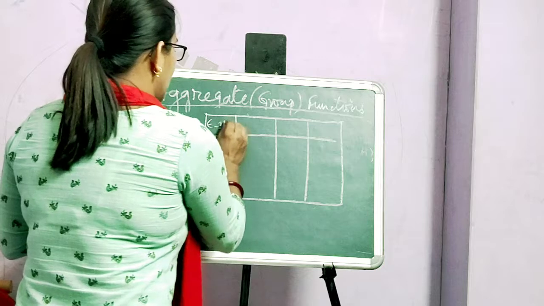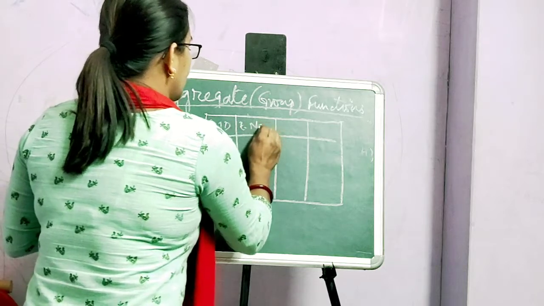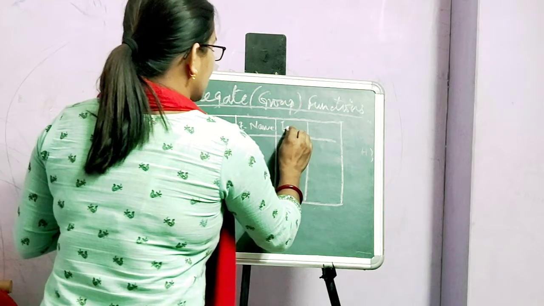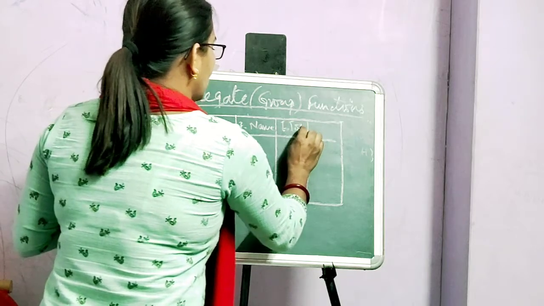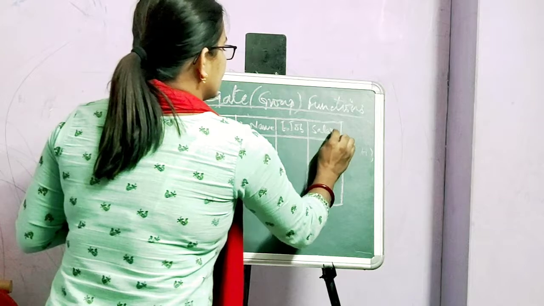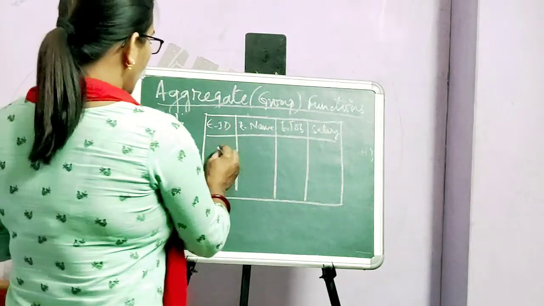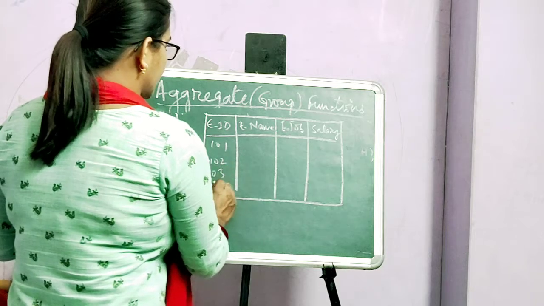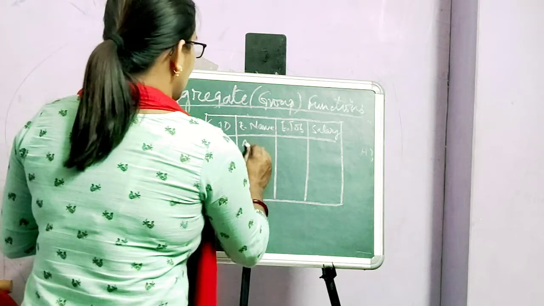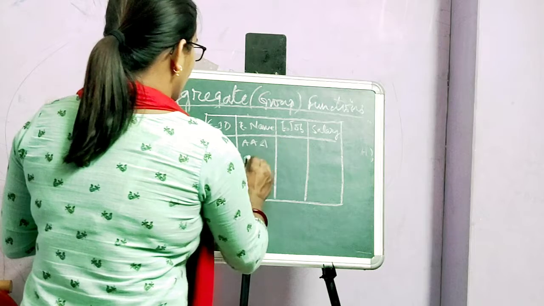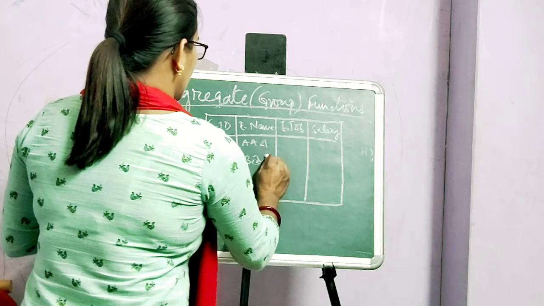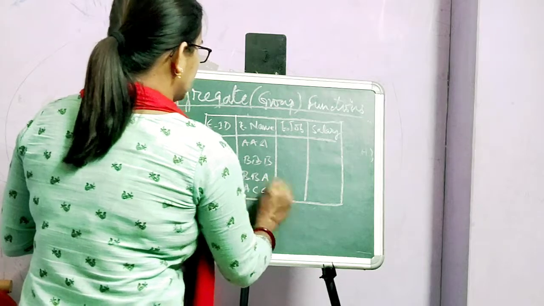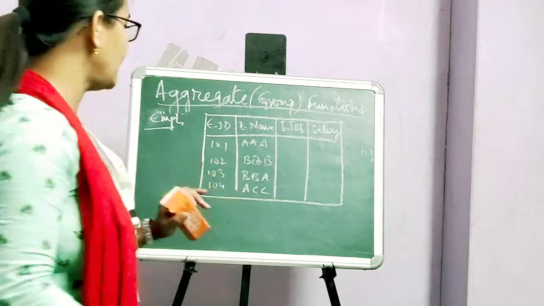Here it is employee ID, employee name, job, and here it is salary. Employee IDs are 101, 102, 103, 104. Employee names, suppose AAA, BBA, ACC. Okay, these are the names.